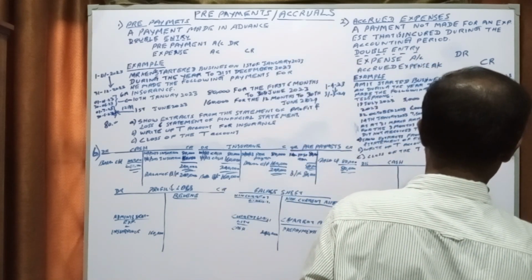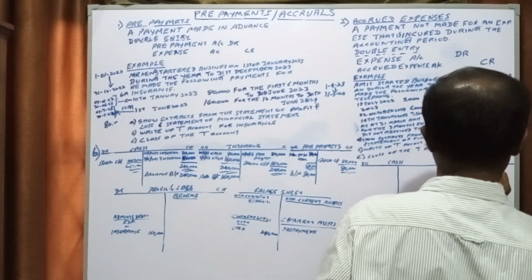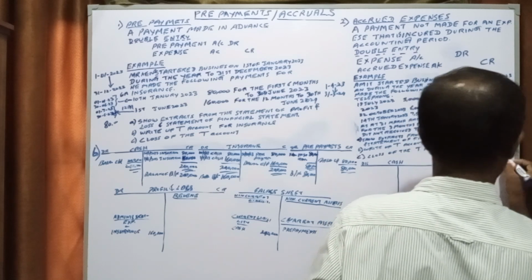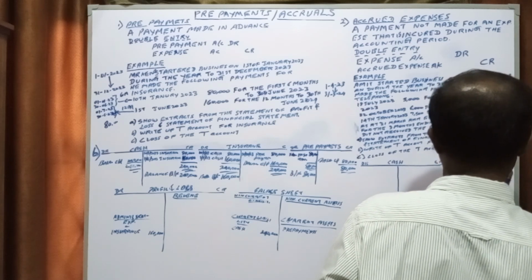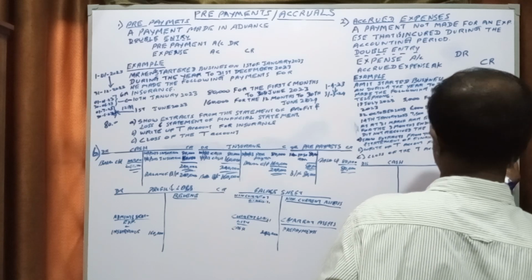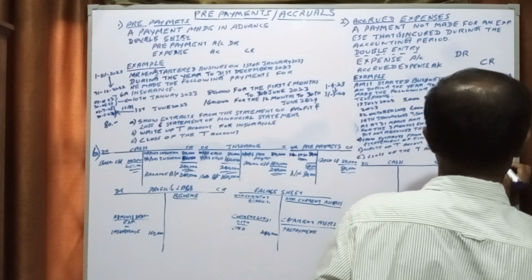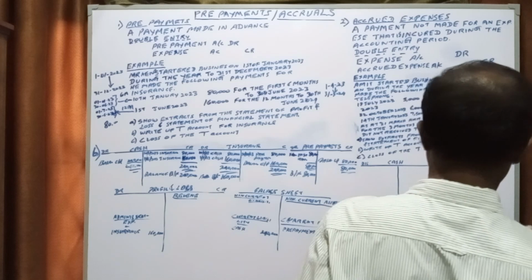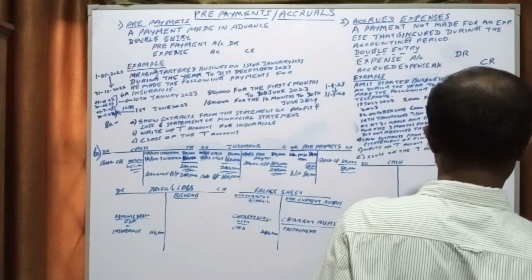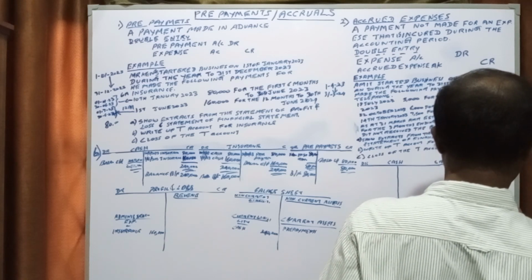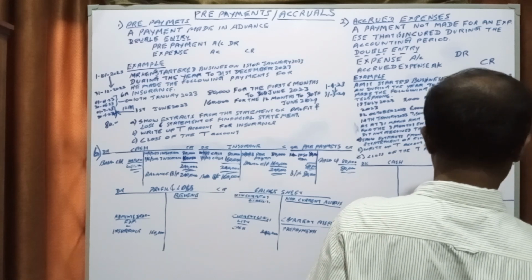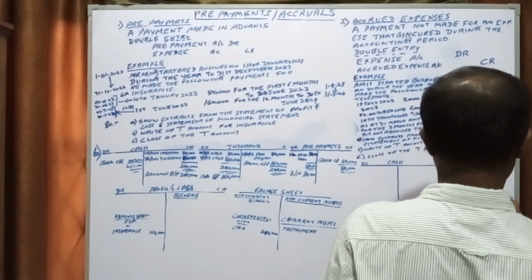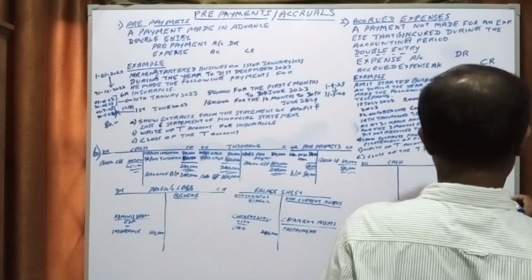Next one is accrued expenses, debit and credit. And third is telephone expense.